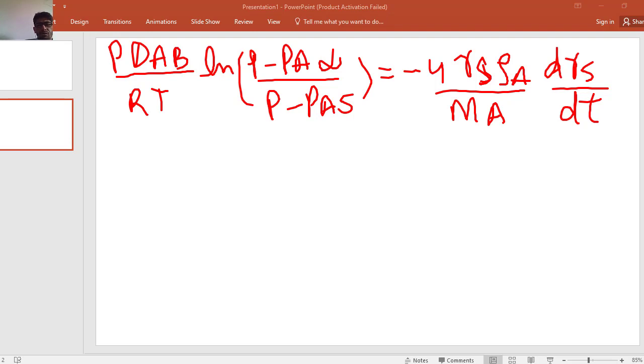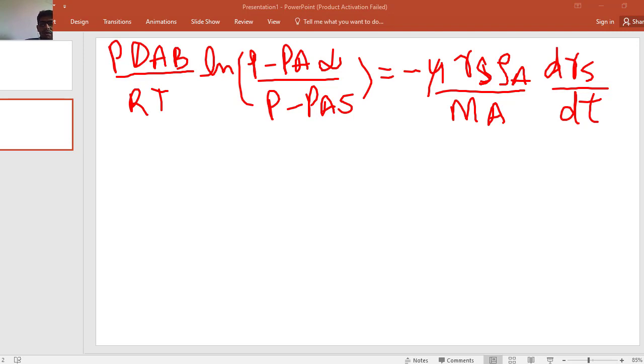Now this equation, we can further simplify this equation. We can further simplify this equation by cancelling this 4, as in the previous case.